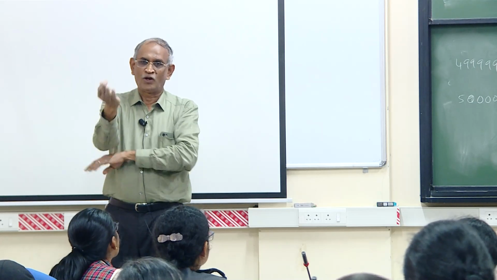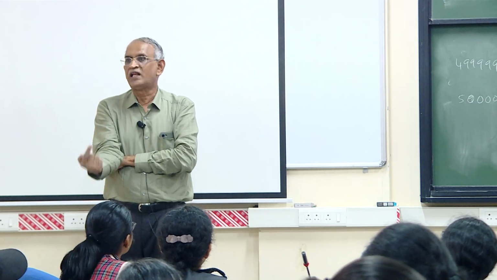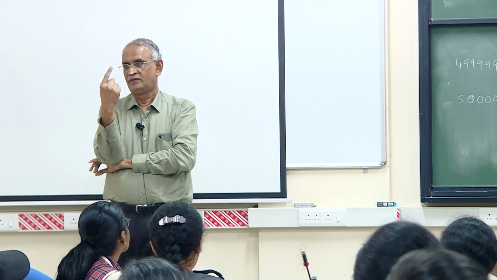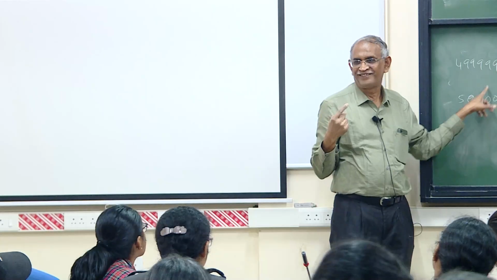Because if more are pointing in one direction and less are pointing in the other direction, there is a net magnetic direction. Okay, so the net magnetic direction is 1 in 500,000.